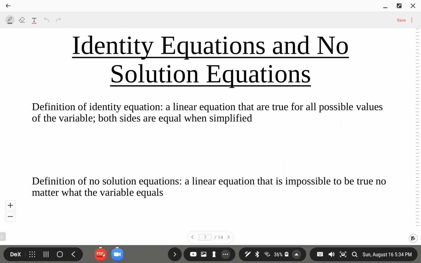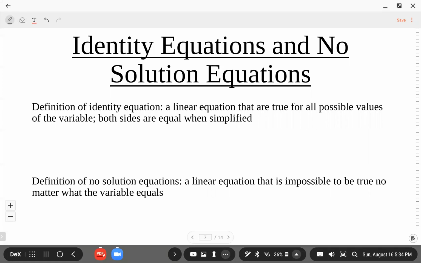Once you get to the final step, let's say y should equal all real numbers, okay? Infinite solutions, all real numbers.